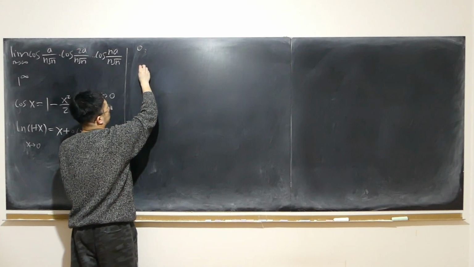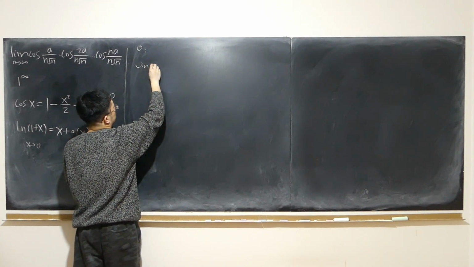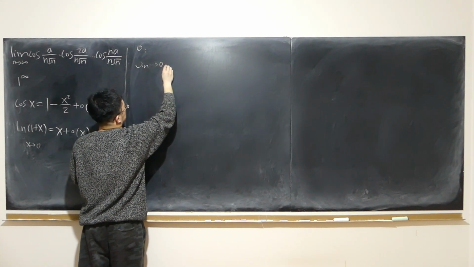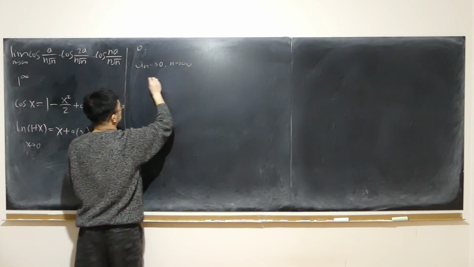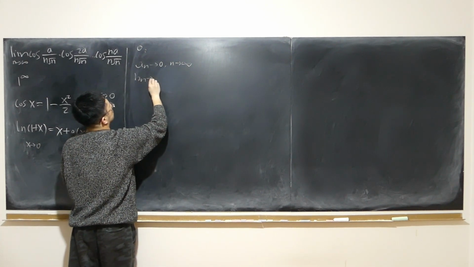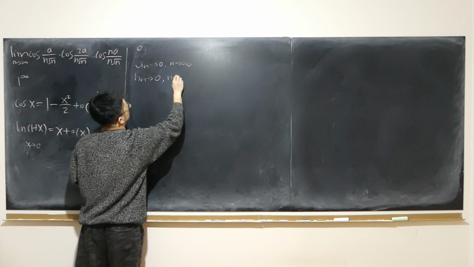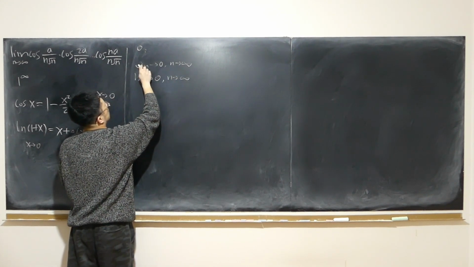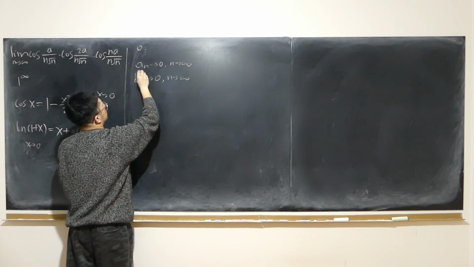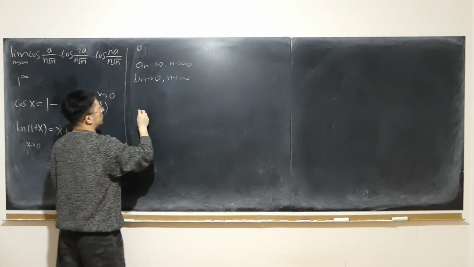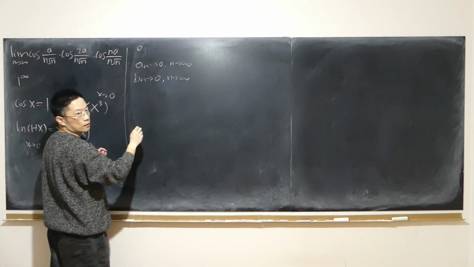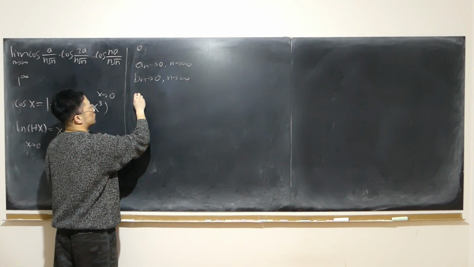So for example, we have several sequences, an approaching 0, bn also approaching 0. Then let me just compare their speed. Let's just say bn approaches 0 faster than an. So what does that mean?